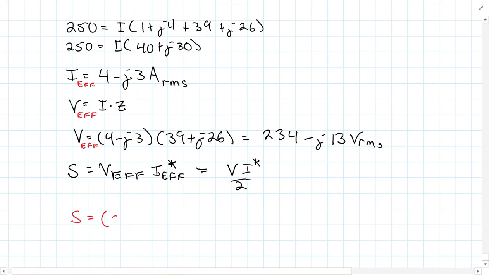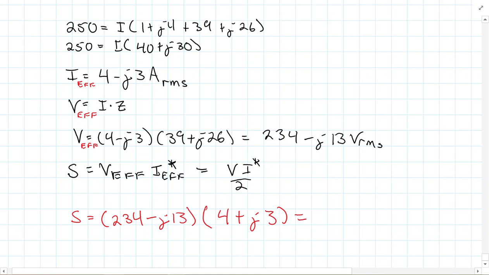So my complex power is simply going to be my voltage, which is 234 minus J13, times the conjugate of my current. The conjugate of the current is 4 plus J3.